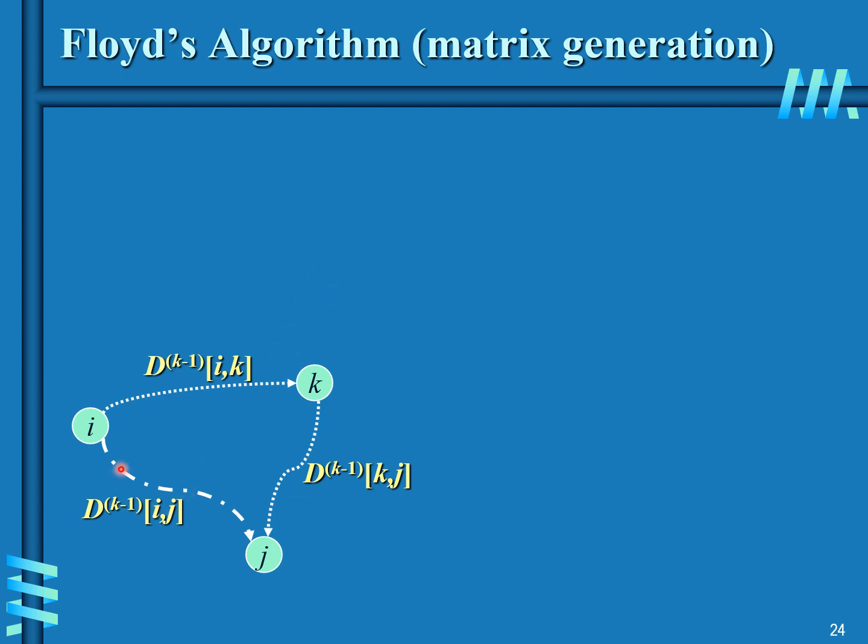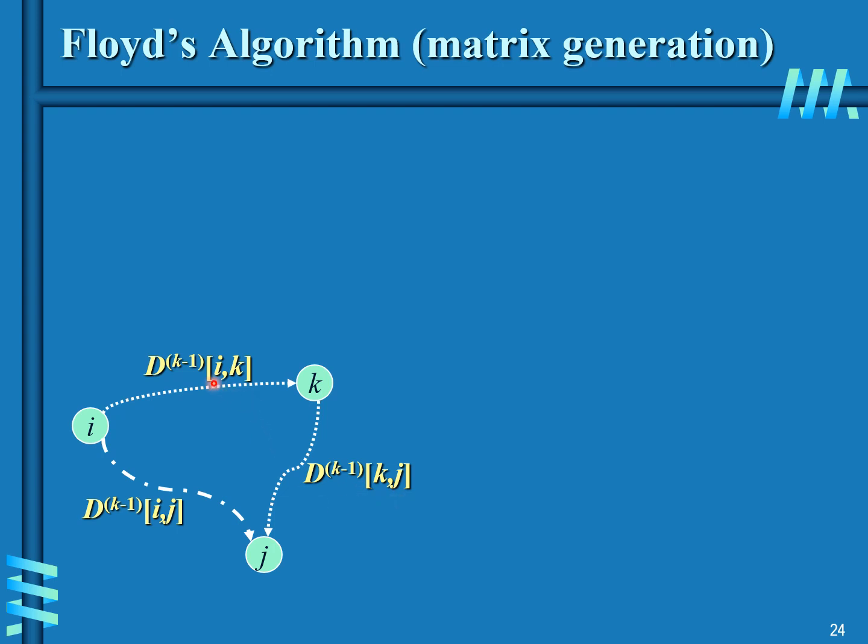For example, our aim is to find d(i, j). In order to find this, we make use of the previous matrix, d(k-1)(i, j). So what is the required recurrence? The path may either not use the intermediate vertex k, or it may use it, giving d(k-1)(i, k) + d(k-1)(k, j).